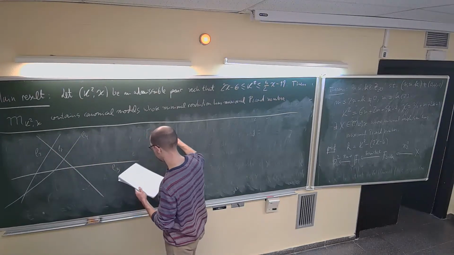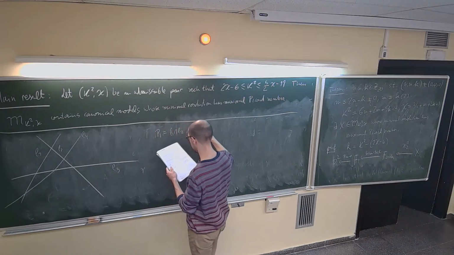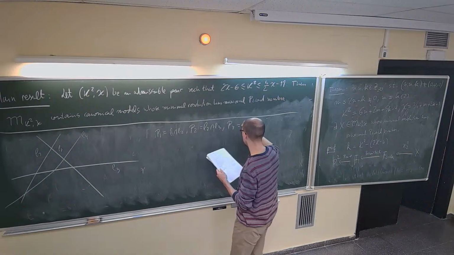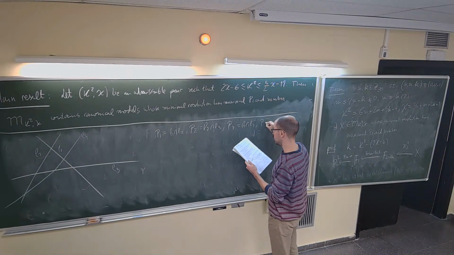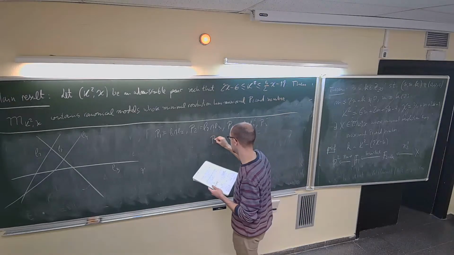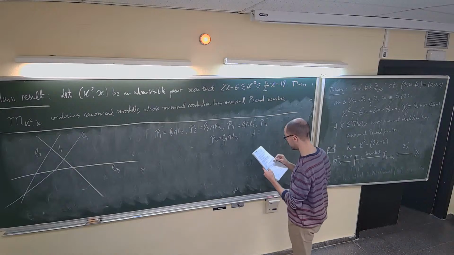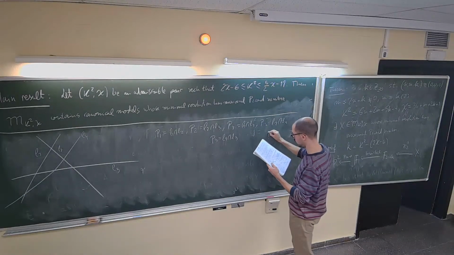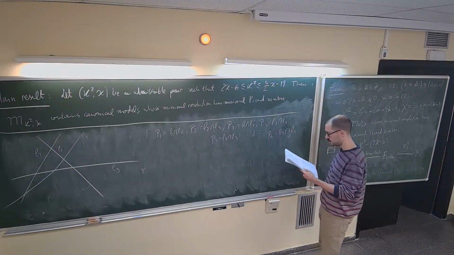Then P1 will be L1 intersection L2. P2 will be L2 intersection L3. P4 will be L1 intersection L4. P3, L1 intersection L3. P5 will be L2 intersection L4. And P6 will be L3 intersection L4.